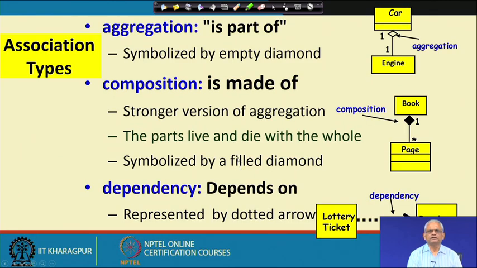The aggregation relationship is represented by an empty diamond, whereas the composition by a filled diamond, and the dependency by a dotted arrow.